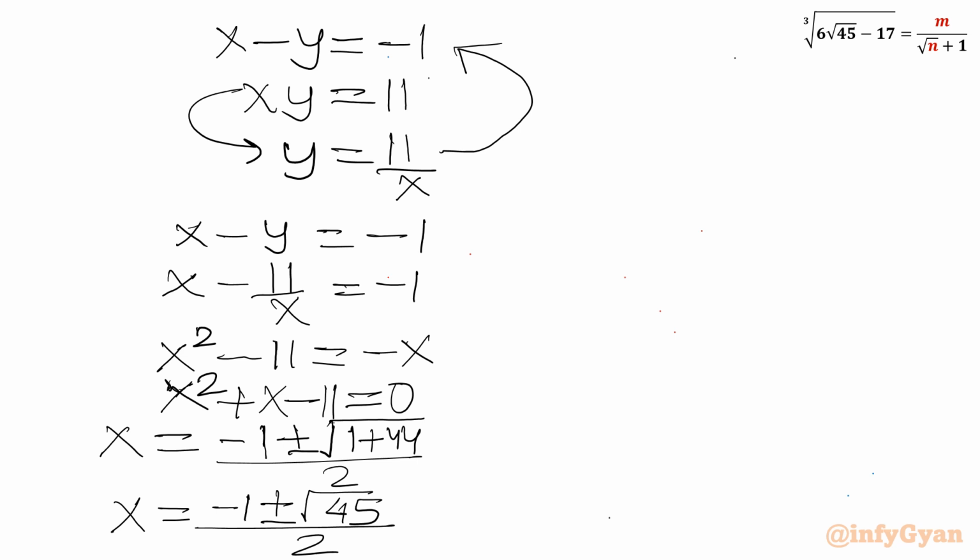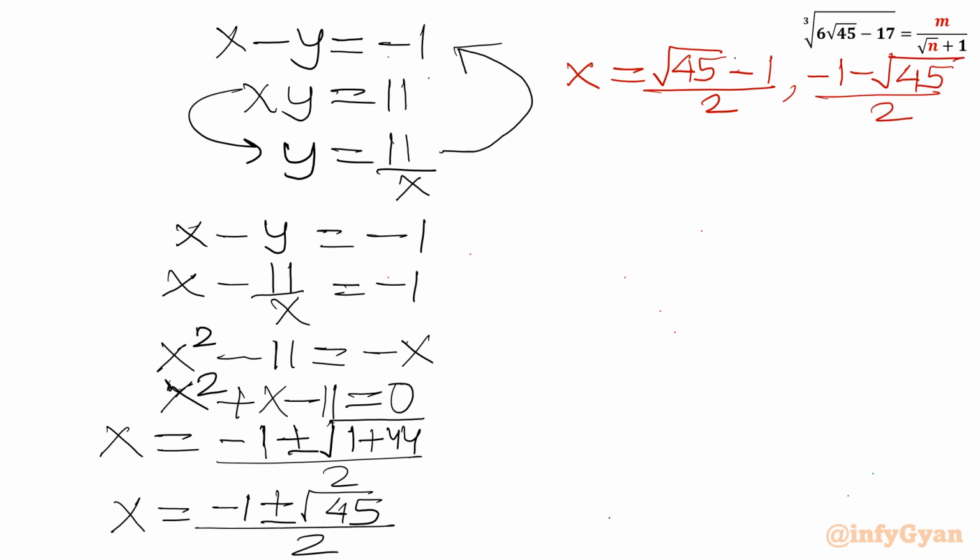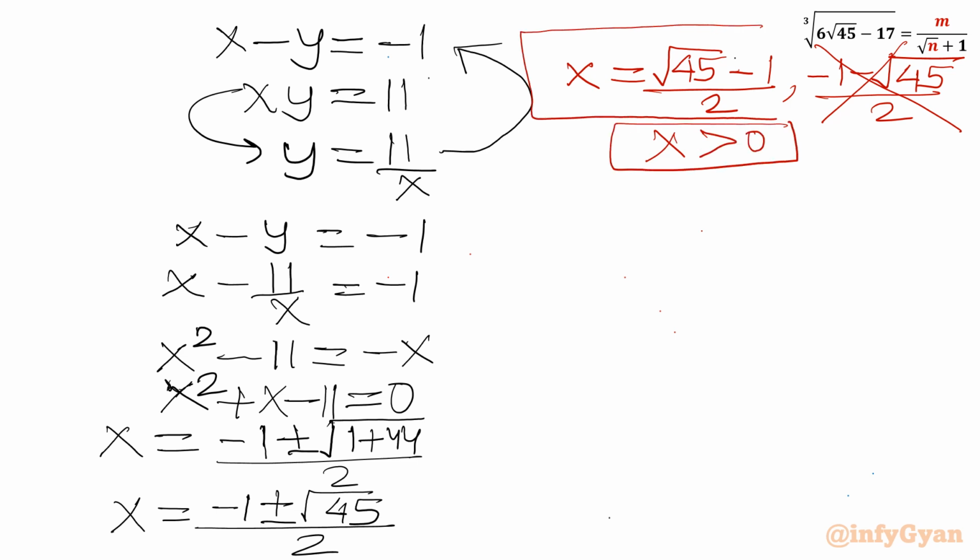So we have two values, one x is positive, another is negative. Let me write here (root 45 minus 1) over 2. This is the positive value. And the negative value is (negative 1 minus root 45) over 2. So we will reject this value as x is positive only. So this value we are going to accept.